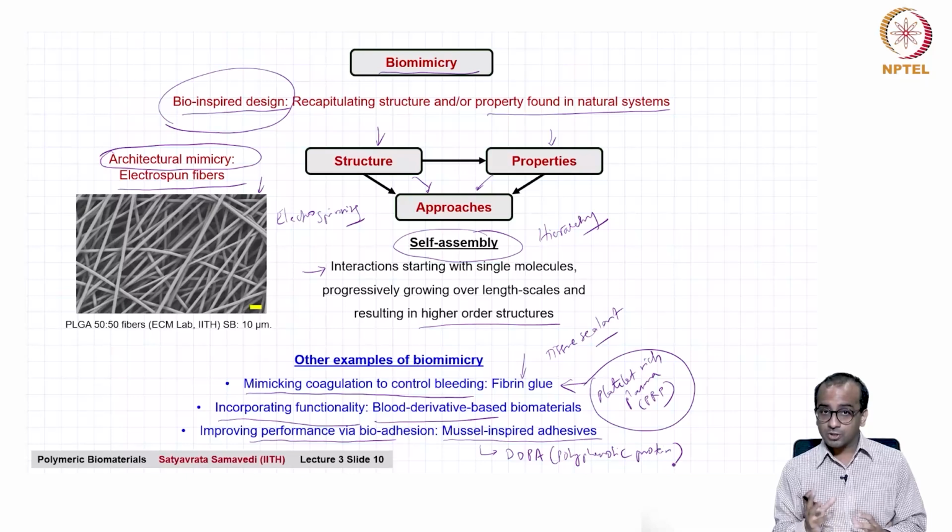So one of the questions you can ask is, can we draw inspiration from these kinds of natural organisms that produce these adhesives and incorporate that into biomaterials for adhesion applications?